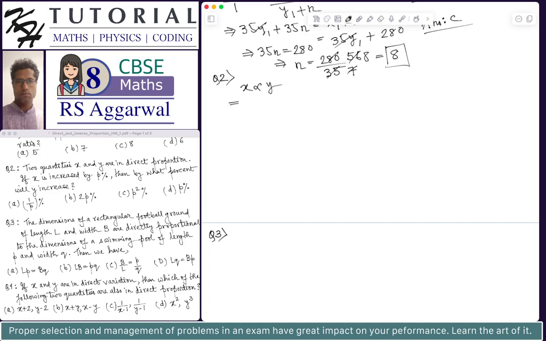We know that if x and y are in direct variation, their ratio x by y is a constant. You can also write y by x is a constant k. It will not matter, but it is a convention that we always assume the ratio x by y is a constant.